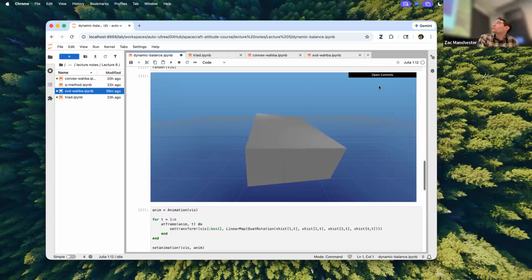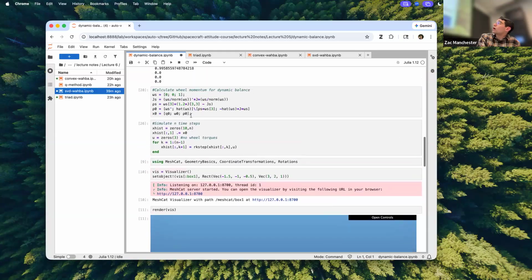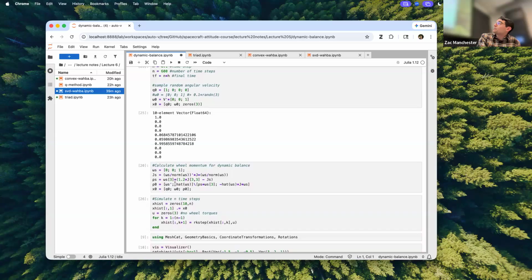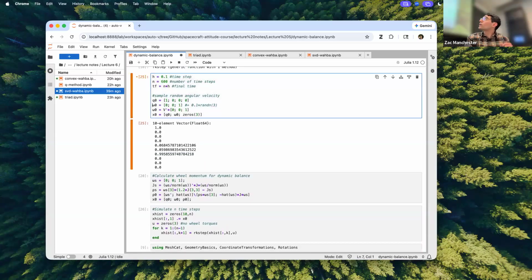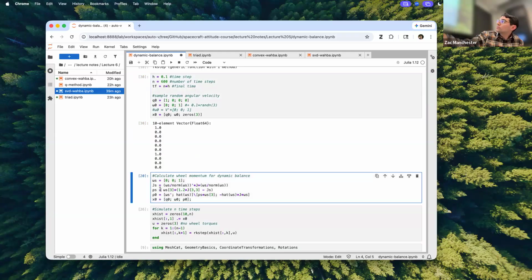What we can do now is this dynamic balance trick that we talked about last time, where we do this little pseudo-inverse thing. You can go back and look at last time at how that works. We can basically cancel out the off-axis omega cross J omega term using our wheels. That's what this looks like.